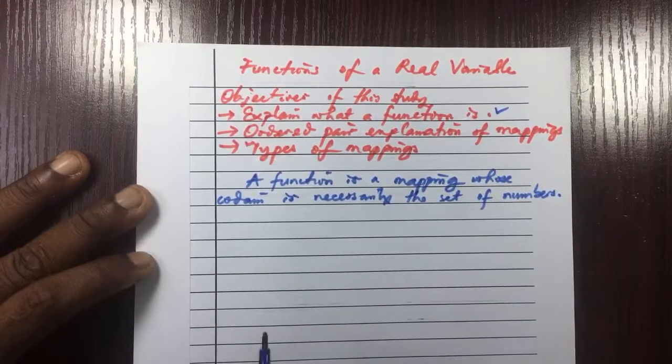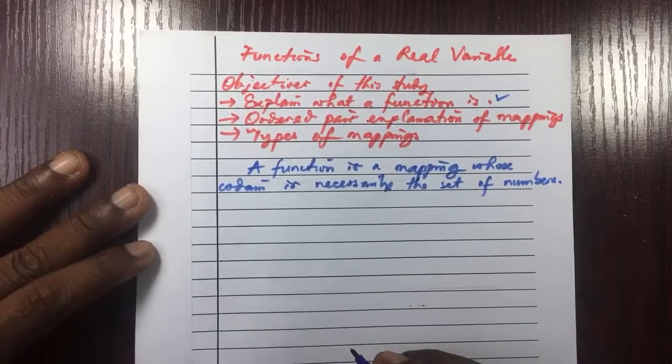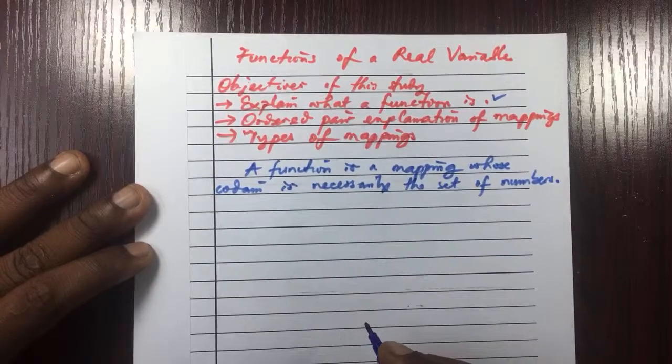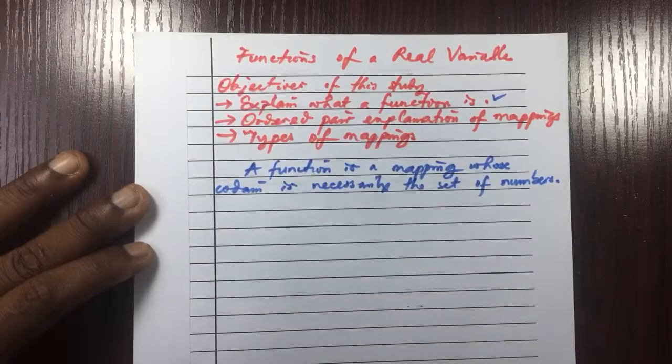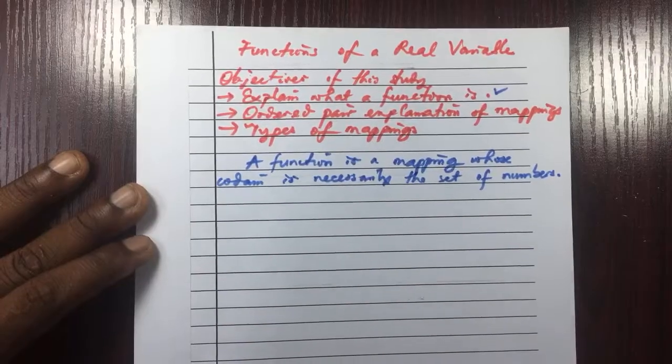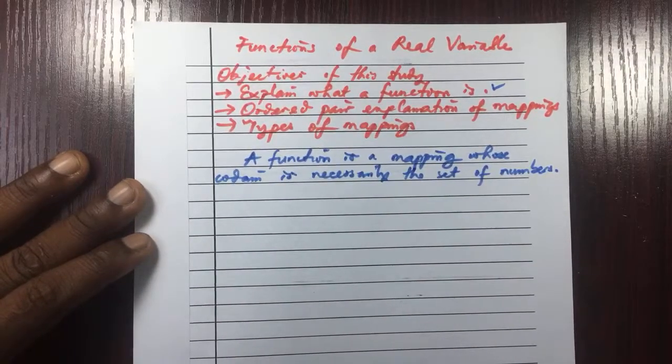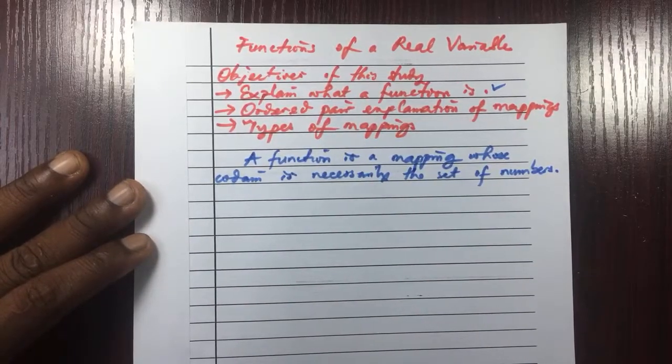So a function is a mapping whose codomain is necessarily the set of numbers. Now let us go into explaining, using concrete examples, what a function is and what a function is not. That will give you a clear example of what this definition is all about.